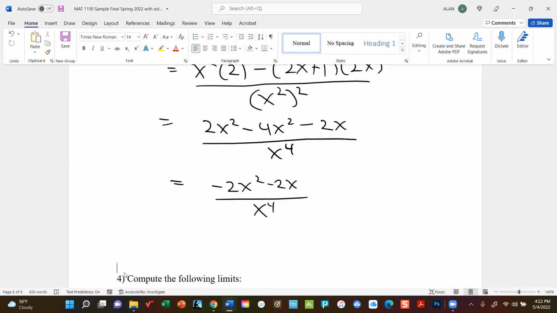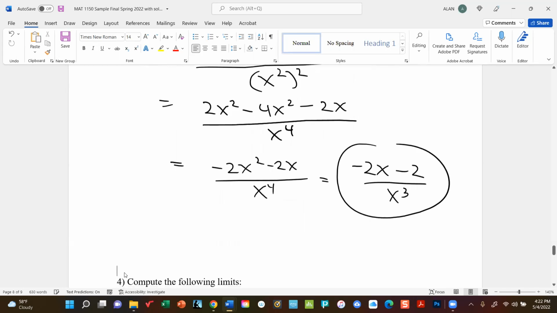Now here you could actually simplify it a little, you notice how both terms have an x in them. We can simplify this as negative 2x minus 2 over x cubed. All right, so let's do that. So that's the first derivative.